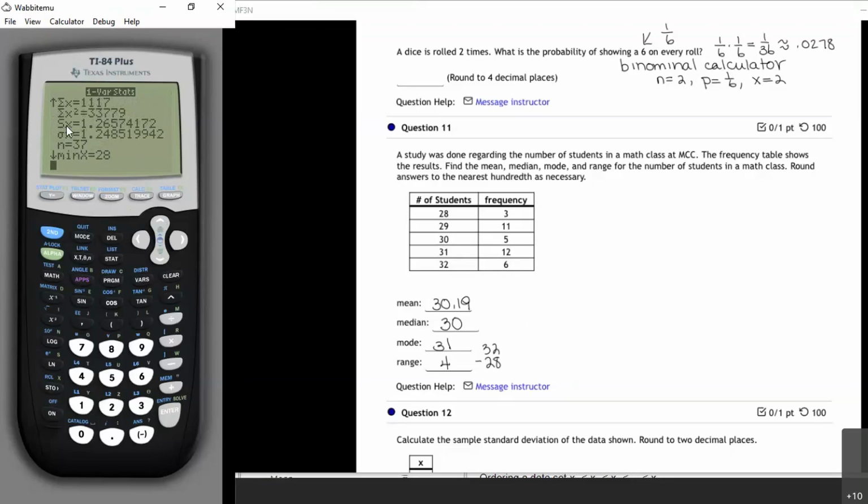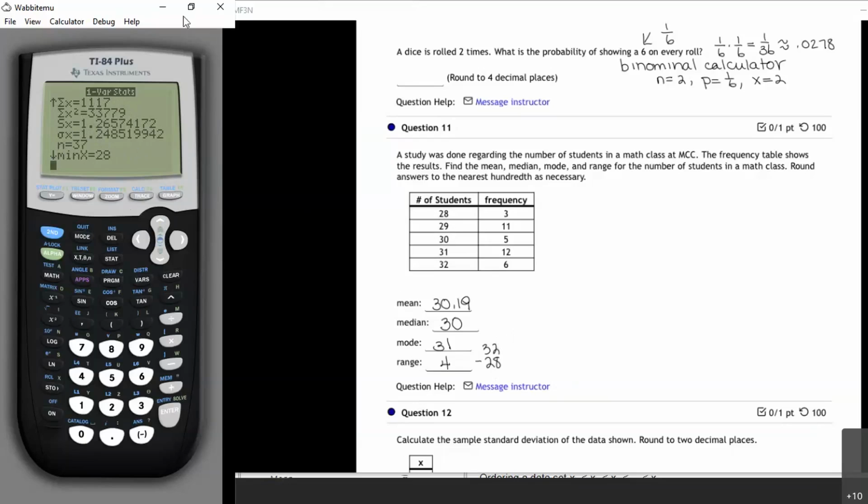S of X, S sub X, this is your sample standard deviation. This is a population standard deviation. Notice that they're different. Remember the Greek letters have to do with population. So mu is a population mean, sigma is a population standard deviation. These are giving you samples. So make sure if they're asking for a sample standard deviation, you're using the S.